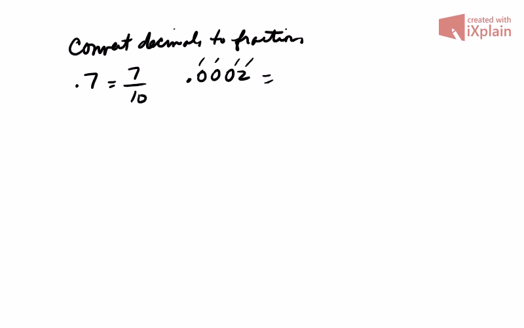So that would equal 2 over 10,000, and I would read it 2 10,000ths with a THS on the end of it. If I had 17.015, I would read that as 17 and tenths, hundredths, thousandths. So it'd be 15 over 1,000. 17 and 15 thousandths.